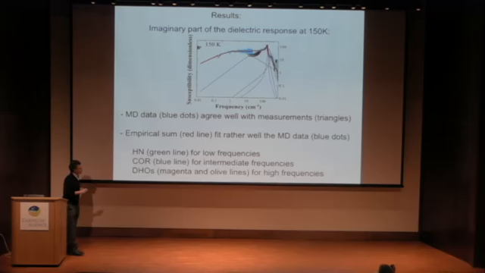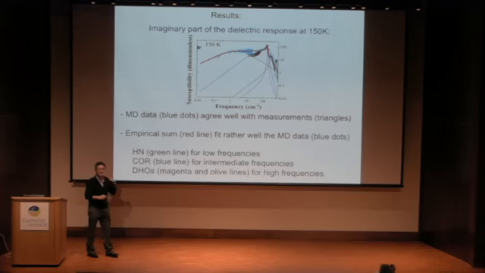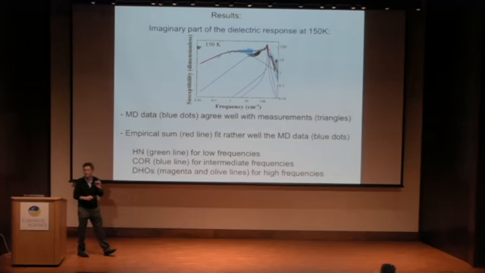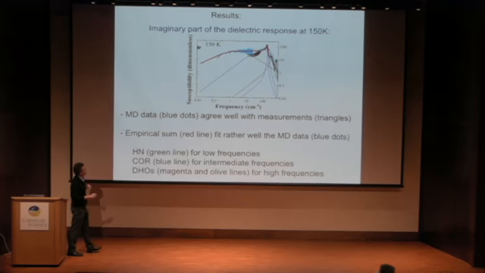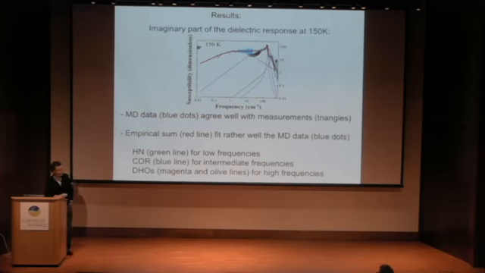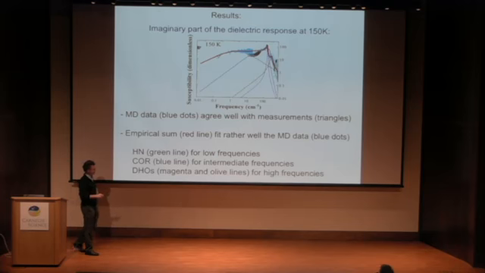But the important thing also is, as I told you before, what we are going to analyze, in fact, is not the MD data per se, it's the fit. It's the fit that is super important to understand the physics, and the fit by this empirical sum I'm putting here in red, and you see that it fits very nicely the MD data. But the nice thing is this fit has 4 components, and we can decompose it. We can look at these 4 components.